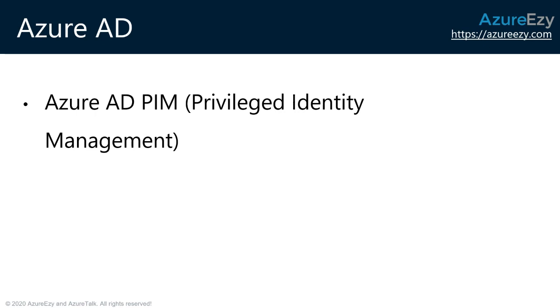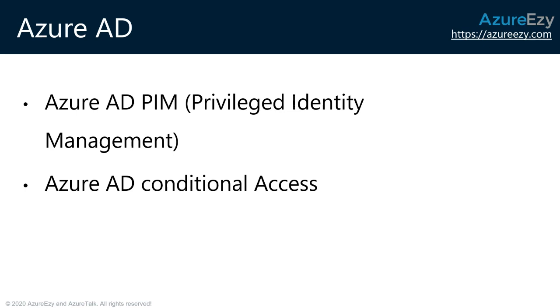That way your just-in-time access will be enabled, and that is part of privileged identity management, which is part of Azure AD and needs a particular license, a P2 license. The next thing is Azure AD conditional access.